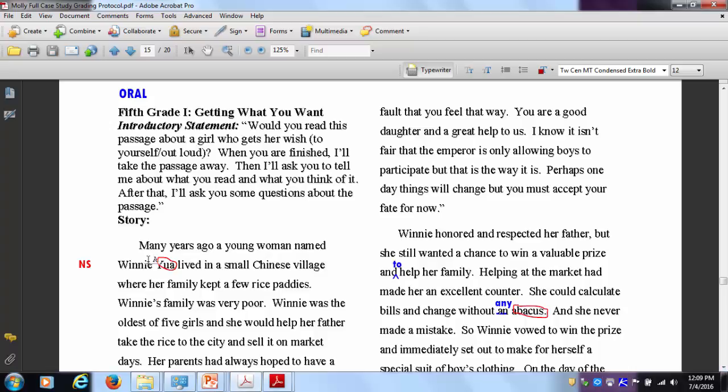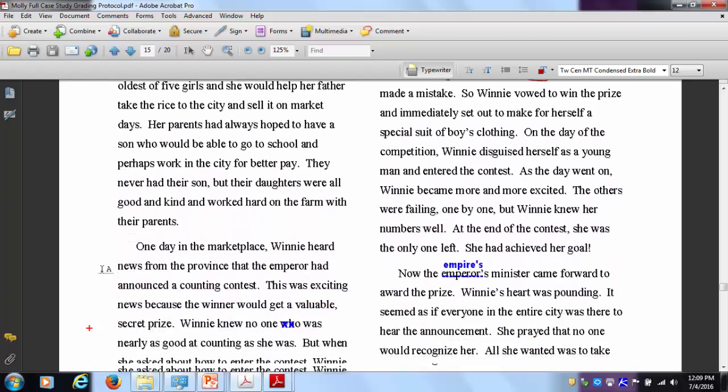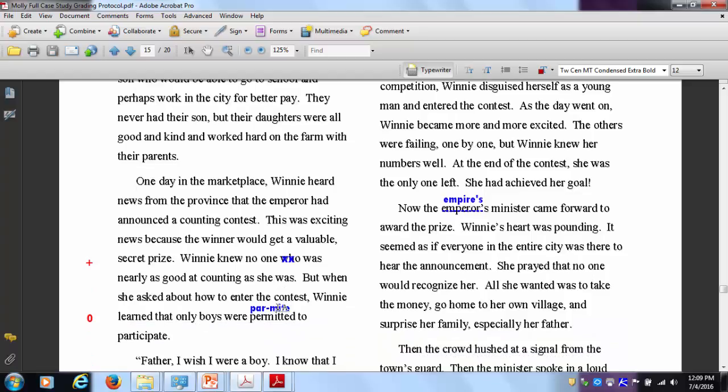So, we should have no score here, folks, because it's a proper noun. We'll move on. We get down here. Winnie knew no one was nearly. She omitted the word who. I want you to notice here. This is an important one. This is very important, folks.